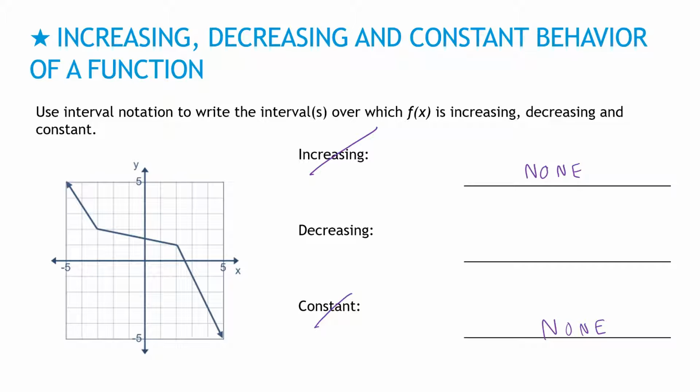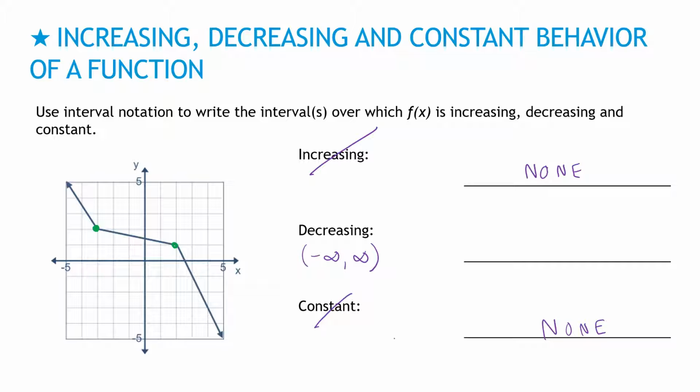So you might be tricked into thinking that I can just say negative infinity to positive infinity, it's decreasing everywhere. But that would be misleading because we have a couple of points here, right here, and right here, where it's really not decreasing. It's not really constant. There's a change happening, and so we're not going to include that in the decreasing behavior.